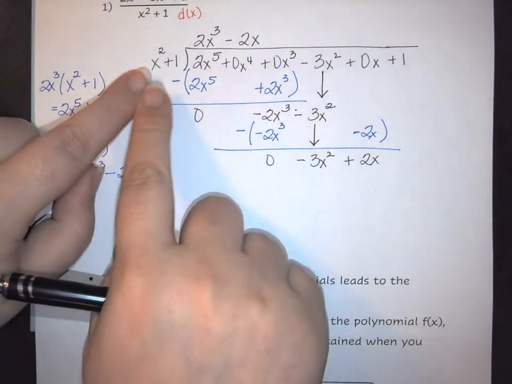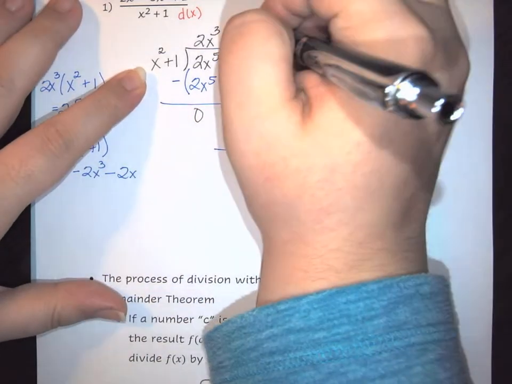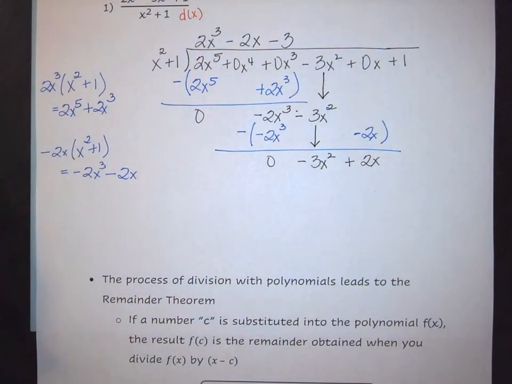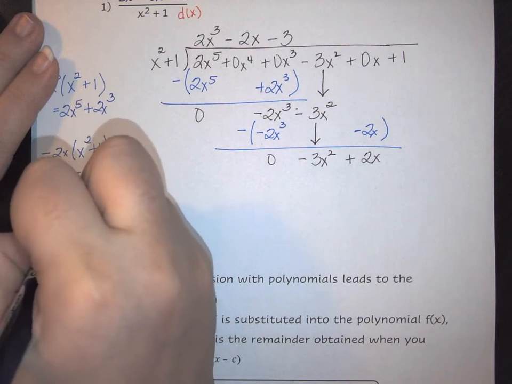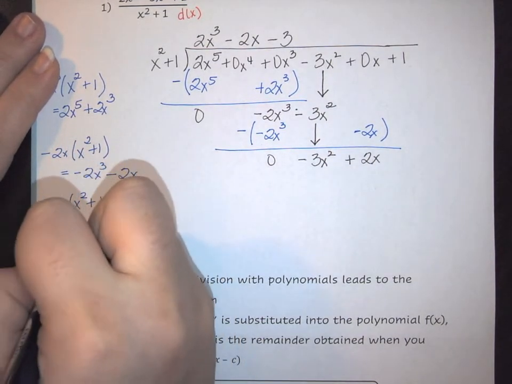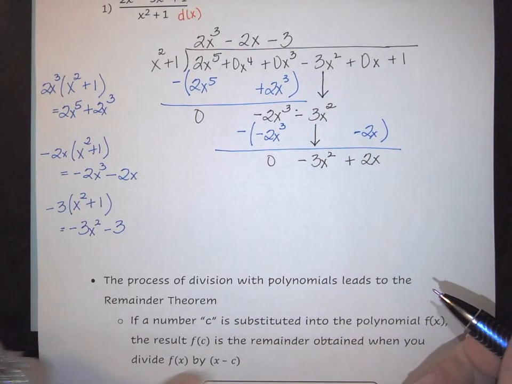How do I turn x squared into a negative 3x squared? I multiply by a negative 3. So in this case, I have negative 3 times x squared plus 1 is going to be a negative 3x squared minus 3.